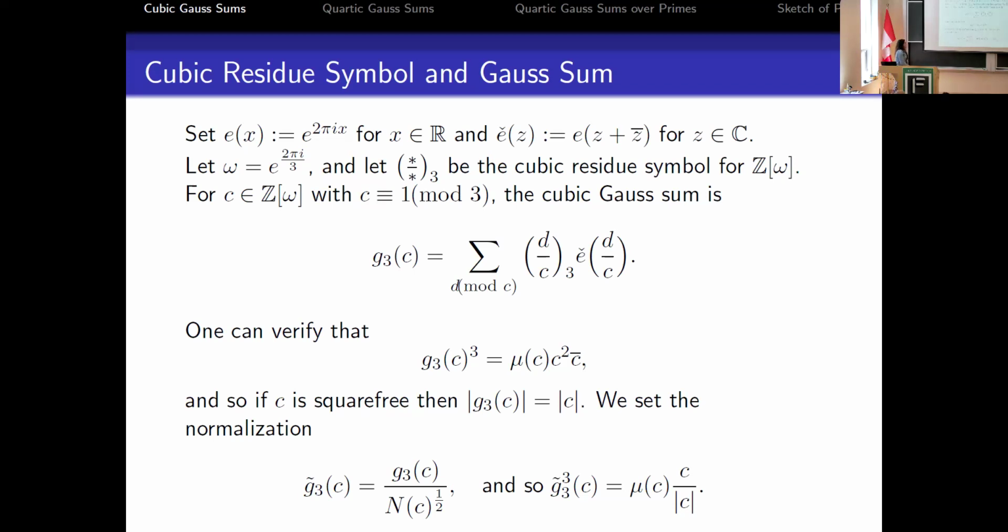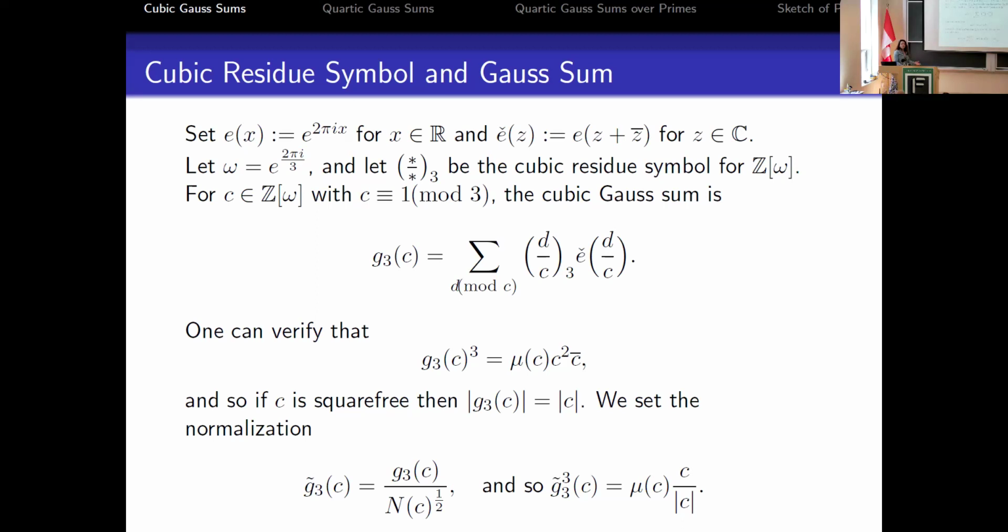And so, for example, one thing that we can infer right away is that if c is not square-free, then our Gauss sum is 0. If c is square-free, then in absolute value, the cubic Gauss sum is equal to the absolute value of c, which is the norm of c to the 1/2, where you take the norm in the Eisenstein integers.